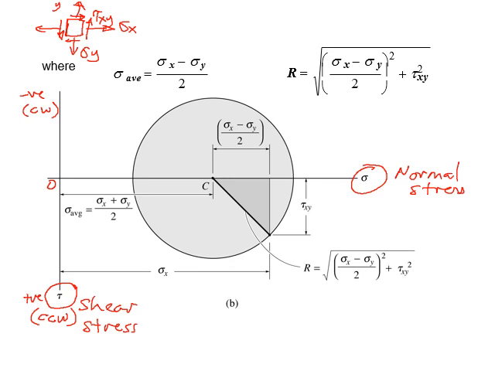This diagram here is based on Hibbeler. What it says is we use the centroid of the circle. We find the centroid and we find the initial point, which is normally called point A, the stress condition on the x-axis. So we have the x-axis there.